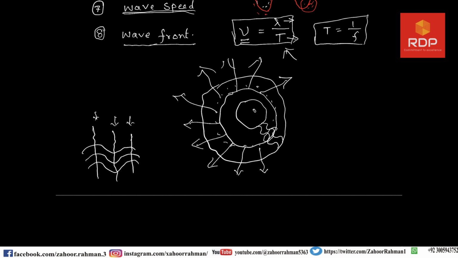But you know that f is equal to 1 over T. So we can write another very famous formula. V is equal to f lambda. V is equal to f lambda.